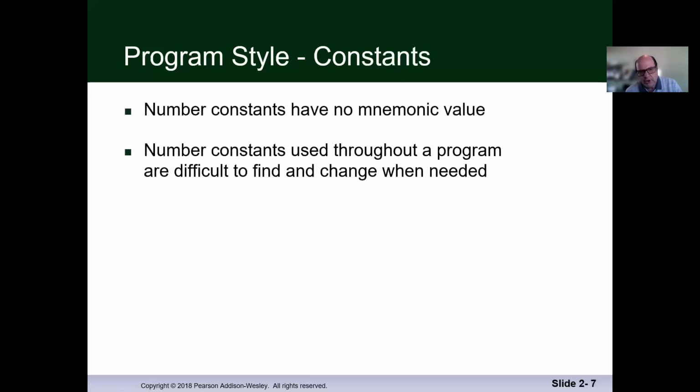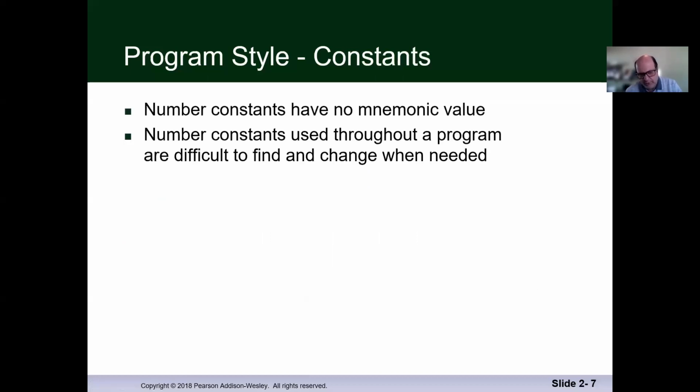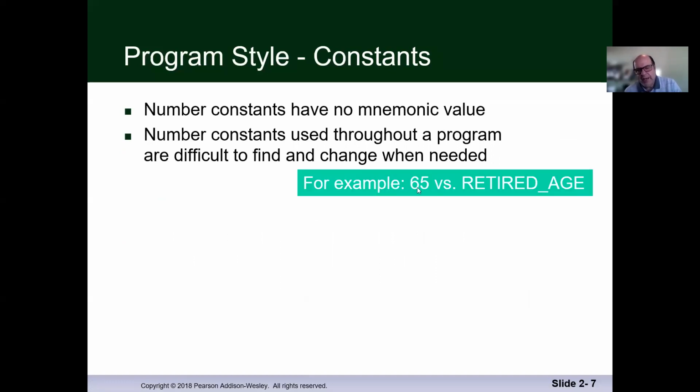Next one is called constant, and we're going to train ourselves to use it. If I am looking at lots of code and I see the number 65, I don't know what the 65 is. So a little bit of history. Some of you were not even born when the year 2000 came along.